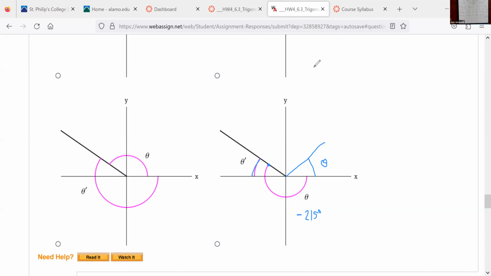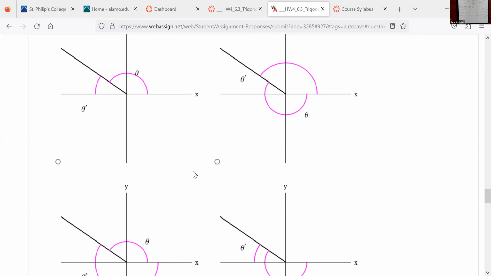But if I spin all the way out here and I stop somewhere right there, then now the distance would be from here to here. This new distance would be the reference angle. Okay. Does the definition of reference make sense?